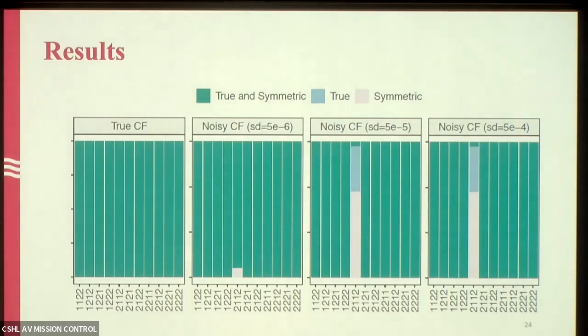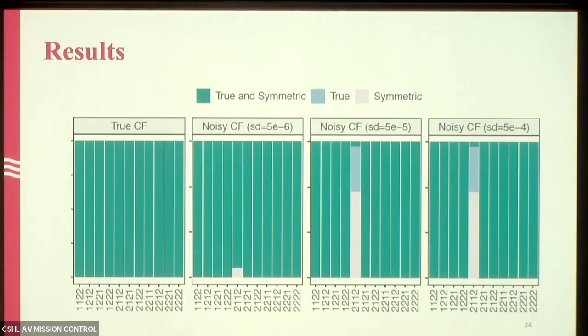The first simulation we're doing is inputting different concordance vector tables. This uses the true concordance vector table, and then we add different levels of noise to it. The x-axis shows different network structures, and each bar represents the proportion of times that we select either the true network or the symmetric network.